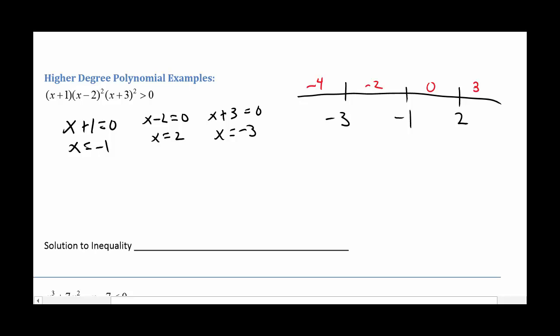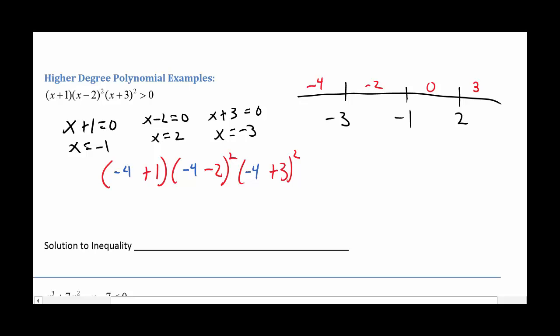Okay, and I am going to come over to my factored form, and we'll start with the negative 4. So I'm just going to rewrite this a little bit bigger so we can see what's happening, and then I will do my substitutions. All right, so I want to start off with a -4, and all I want to know is whether it's positive or negative.